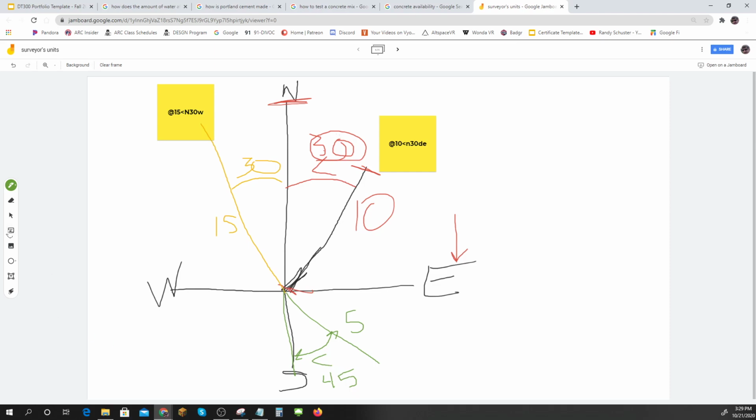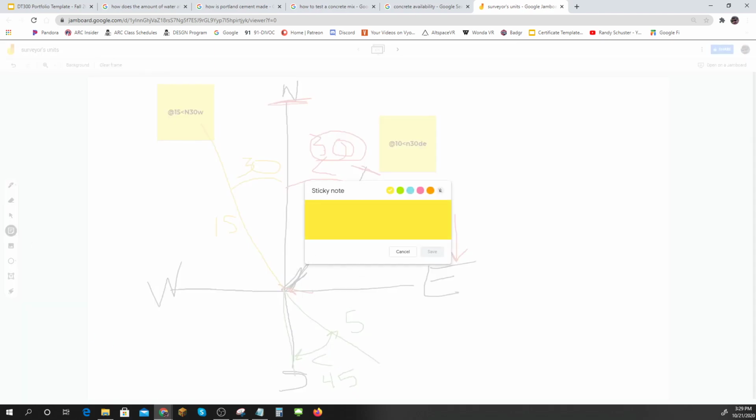So I know how to write that one now. I'm going to write it as from where I'm at, where I start, and it's 5 feet at an angle. This time I'm starting to the south, 45 degrees to the east.